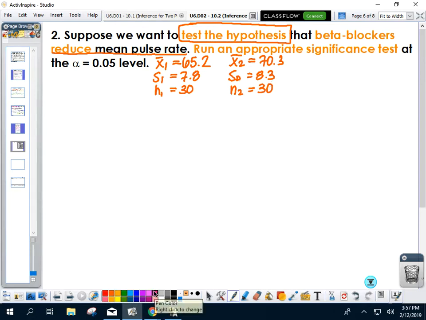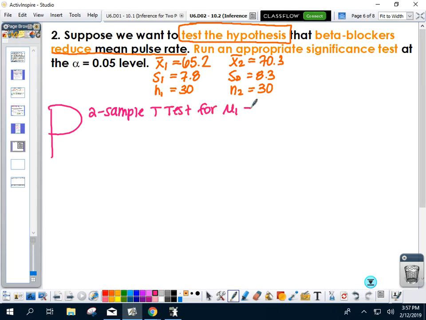So start off, procedure name: two sample. We're always doing t for means at this point. Test for mu1 minus mu2. All tests have an H0 and an HA.